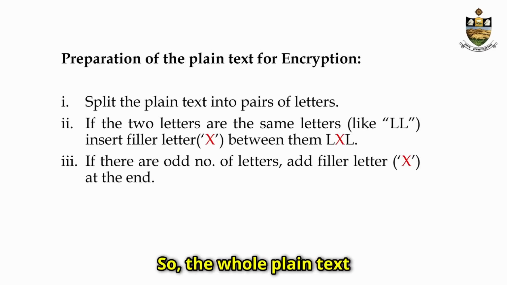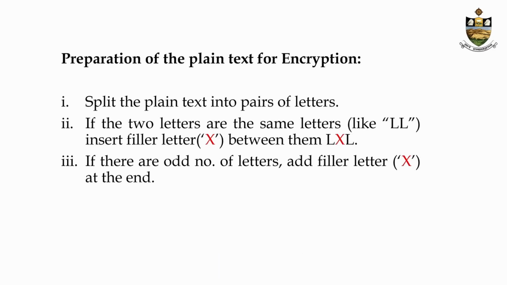So the whole plain text must be split into pairs of letters. This is also called a digraph. Here there is one more problem. As it is to be encrypted with reference to the matrix, there is no scope for the same letters in a pair for encryption. In this scenario, another rule was framed.